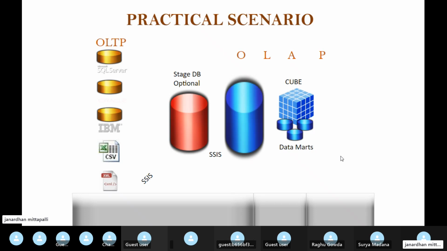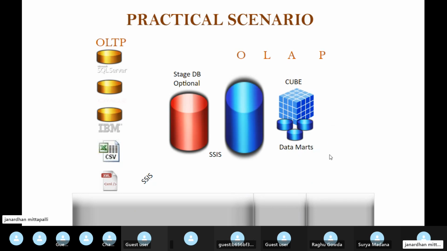We are not placing HR data into finance, or finance data into HR. We are separating based on their category. I hope you understood how and on what basis we create data marts. It is not mandatory for every business process. It depends on how they are processing data and how much volume they have.